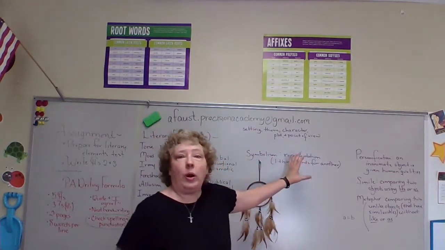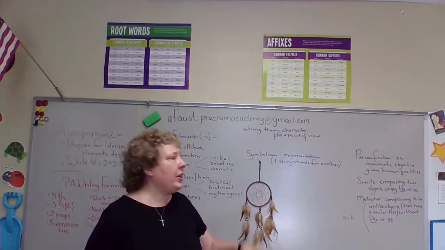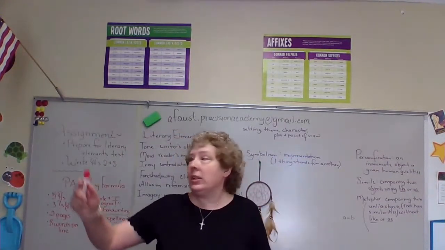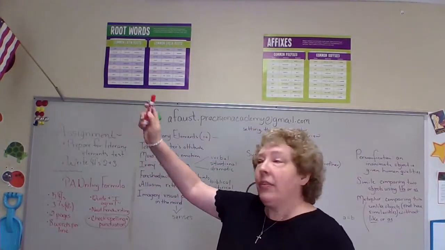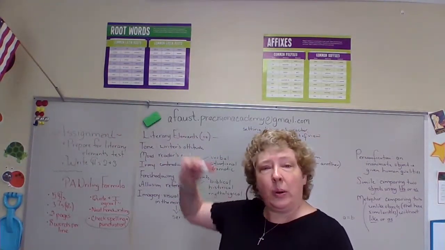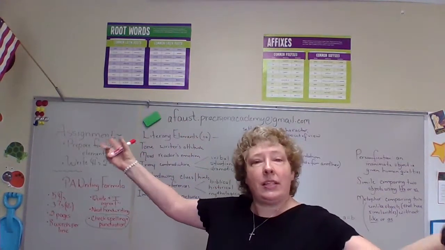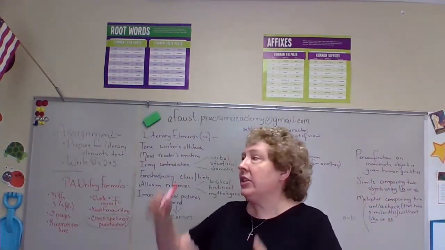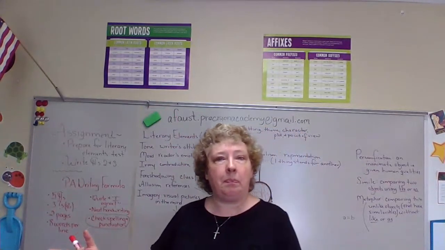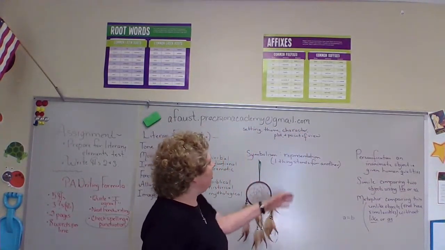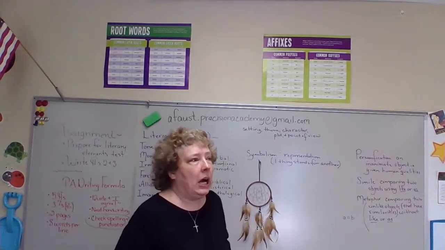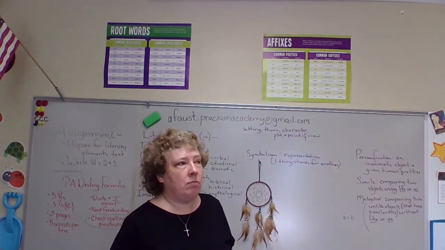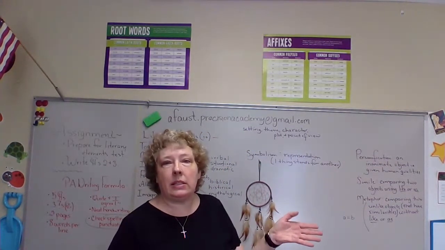Symbolism. Simple. Representation. One thing stands for another. You can see a portion of the flag. That's a symbol. There's representation. Namely, for some, the bloodshed for this country. 13 colonies. Freedom. There are symbols such as the red lights.